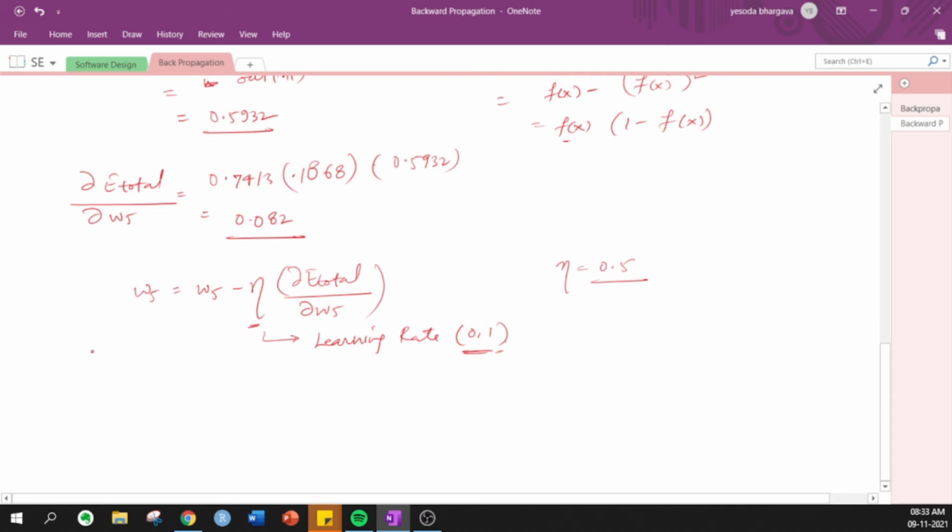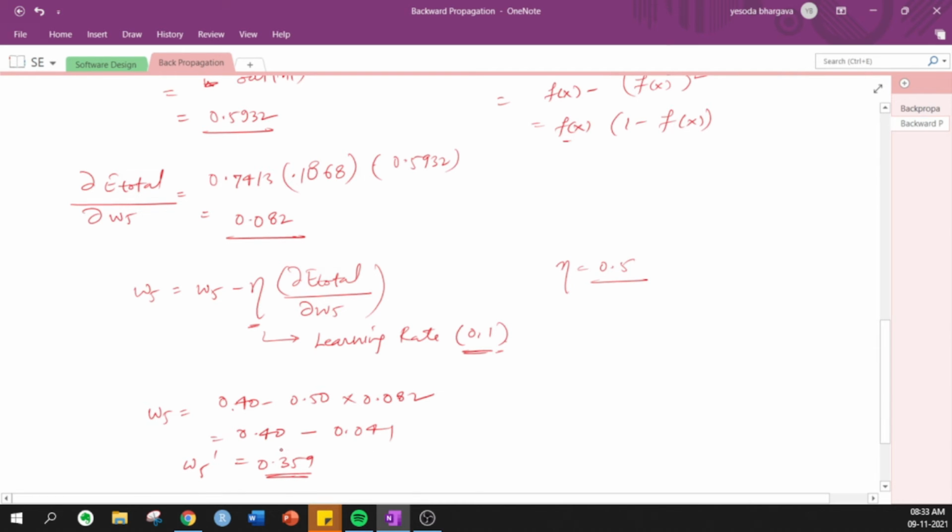In my next experiment I will also show you how this changes as eta changes. So W5 is 0.40 minus 0.5 times 0.082, so 0.40 minus 0.041, which is equal to 0.359. So this is the updated weight of W5 after the first iteration.